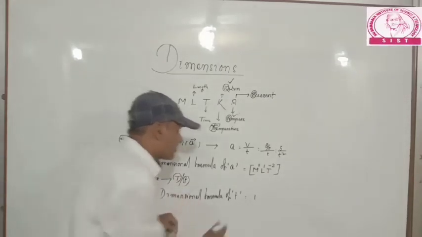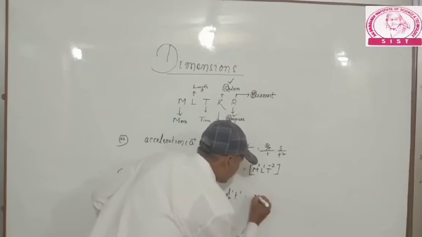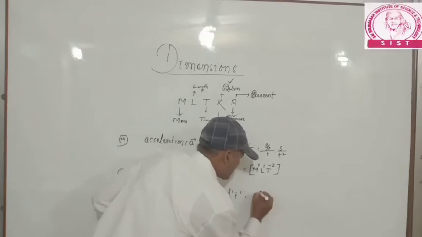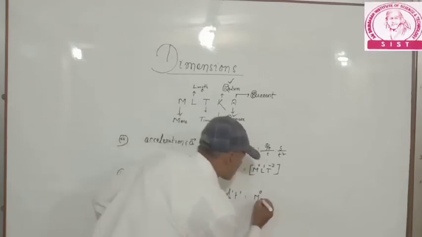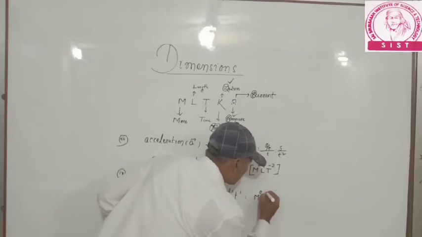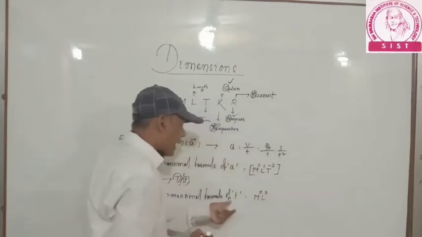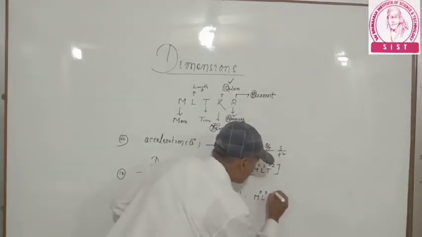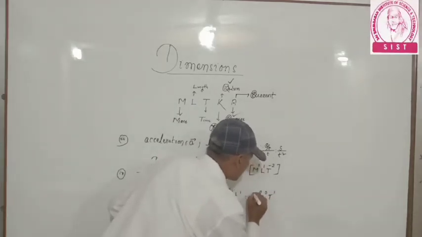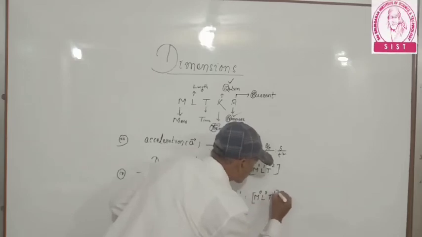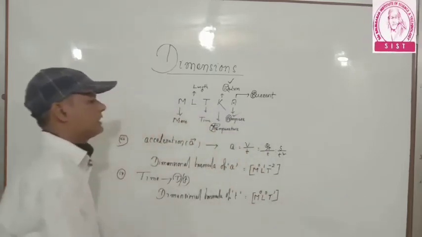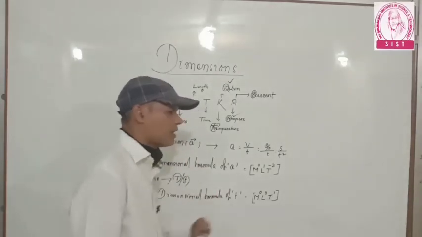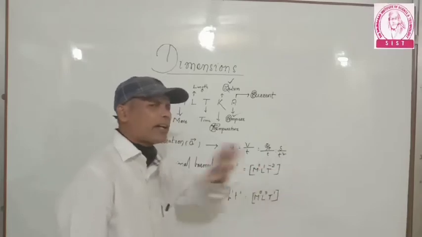So you have to write, mass is not here. Symbolic presentation of mass is capital M. So it is M to the power 0. Mass is not here. Length is not here. So it is L to the power 0. But time is here and its power is 1. So you write here capital T and keep its power fixed 1. Keep it within a closed bracket. Then what is the dimensions? This is the dimensional formula. What is the dimensions? 0, 0, 1.